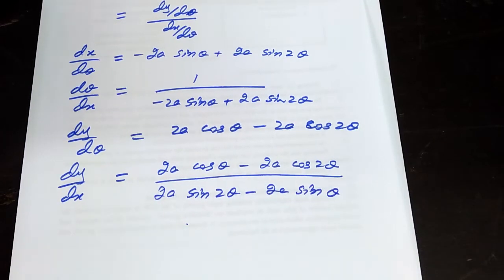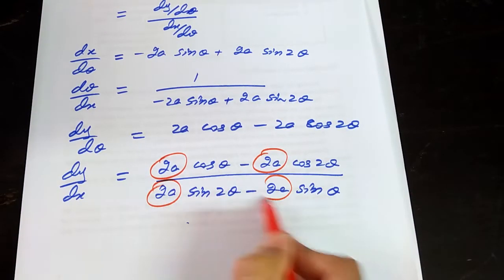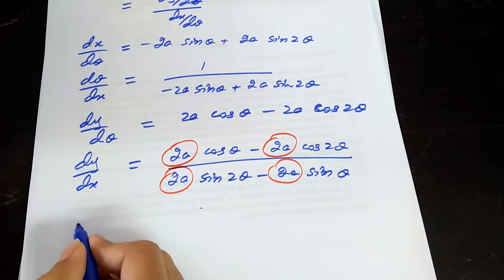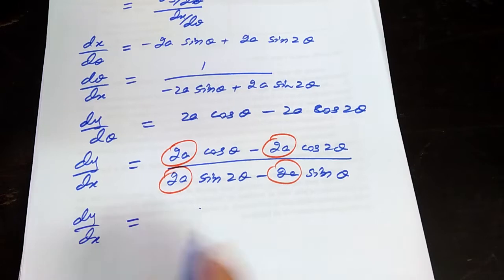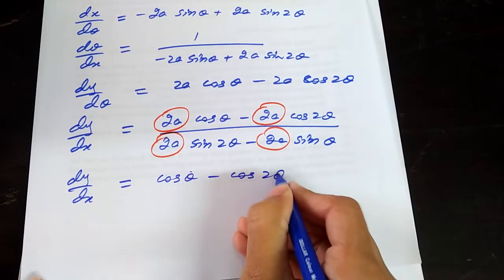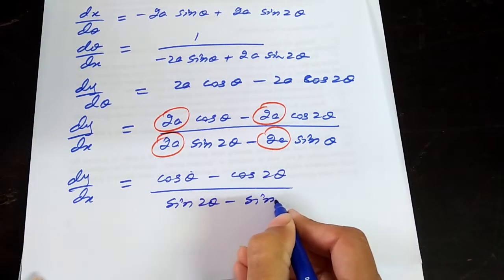Now I can take this 2a common, and after taking it common, it will be cancelled out. So I will be left with dy by dx equals cos of theta minus cos 2 theta divided by sine 2 theta minus sine of theta.